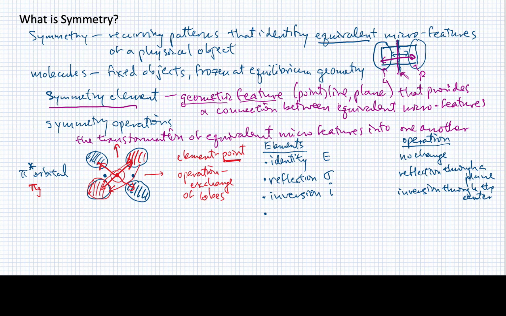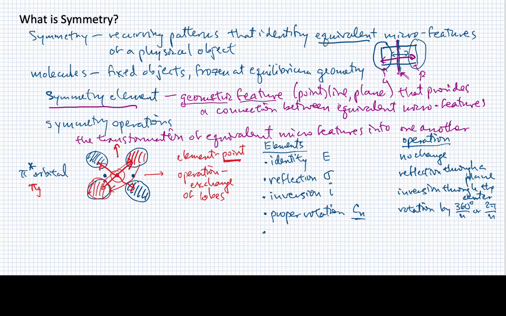The next one would be a proper rotation. That proper rotation might be given the symbol C sub n, and this represents rotation about an axis in the molecule by a quantity that represents 360 degrees divided by n, or 2 pi over n.